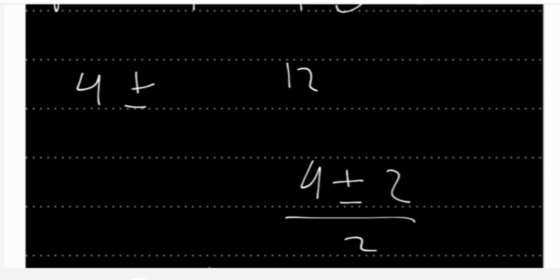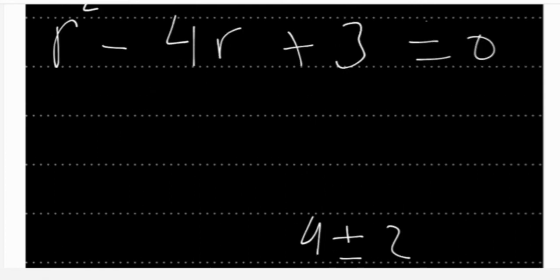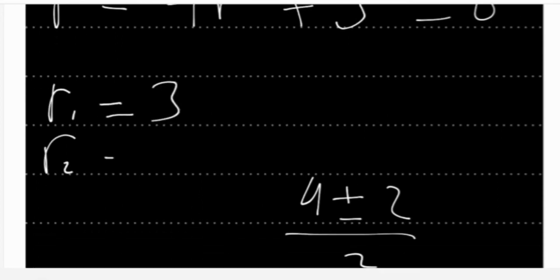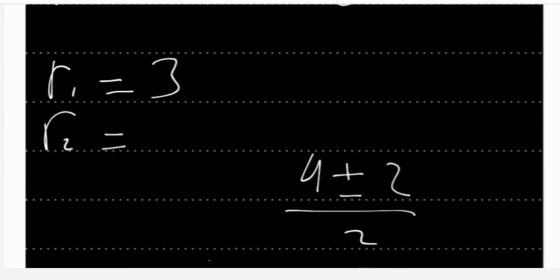So the first root, r1, will be 3, and it doesn't matter if you call r1 3 or r2 3, it will be the same. So r2 will be 4 minus 2 is 2, divided by 2 is 1, okay?